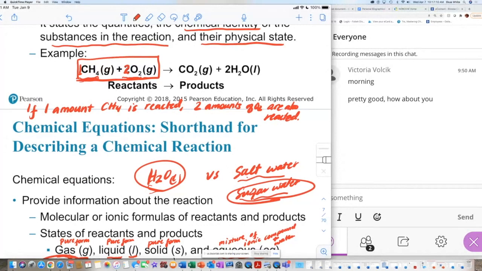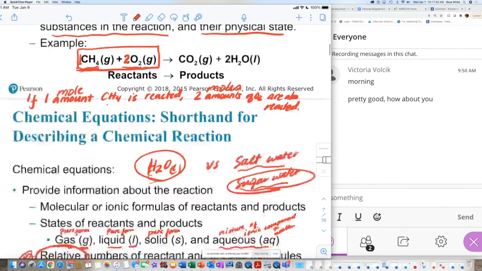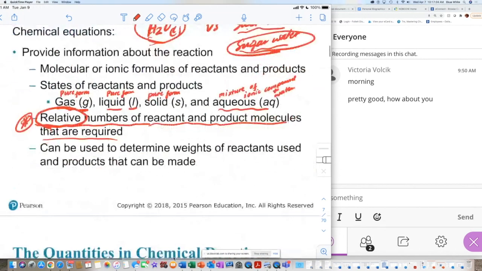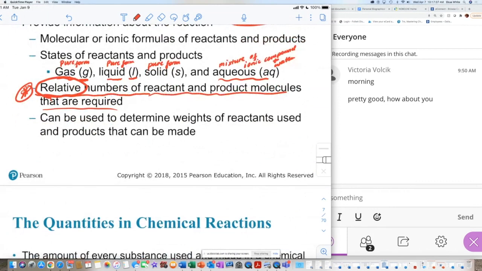So if the amount is in moles, you can say every 1 mole of CH4, if you're going to react that, you should expect 2 moles of oxygen to react with it. Okay? So after somebody did this experiment over and over and over again and proved it, now you are launching off of their proof. And this is a balanced equation. So you want to make sure when you're balancing the equation, you do a lot of work, you test it out and everything.